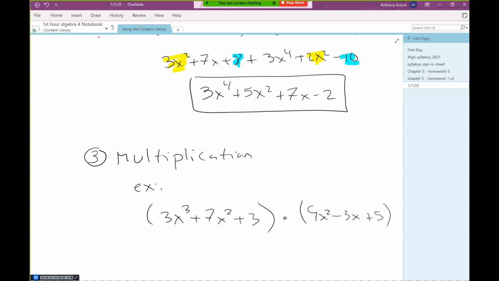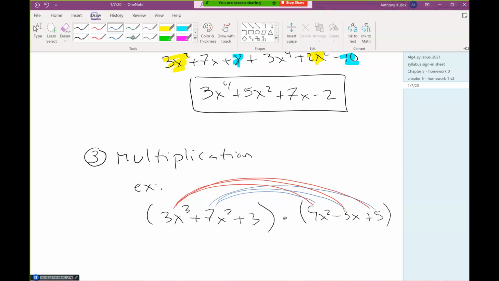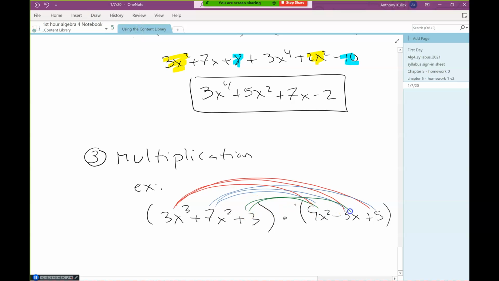You could think about this the same way, where you go, okay, I'm going to multiply this to this to this, and then multiply this to this to this, and then this to this to this. That's a perfectly reasonable way of doing it. It's going to get a little messy and a little long, and that's not my preferred way of doing it, but there's nothing wrong with doing it that way.